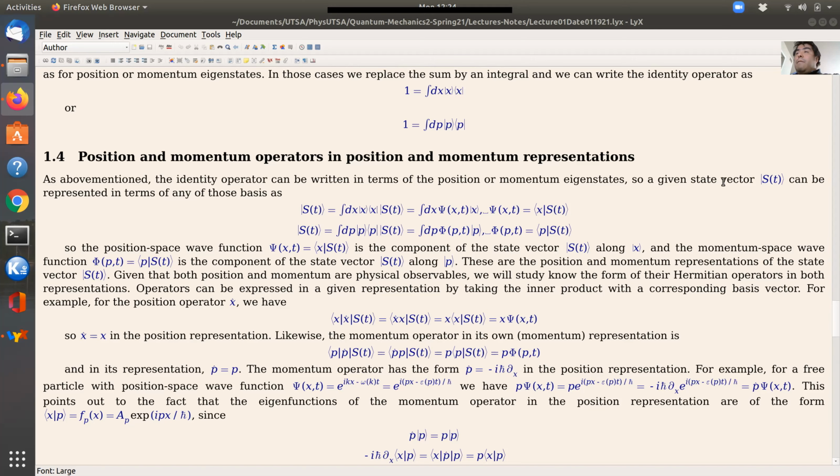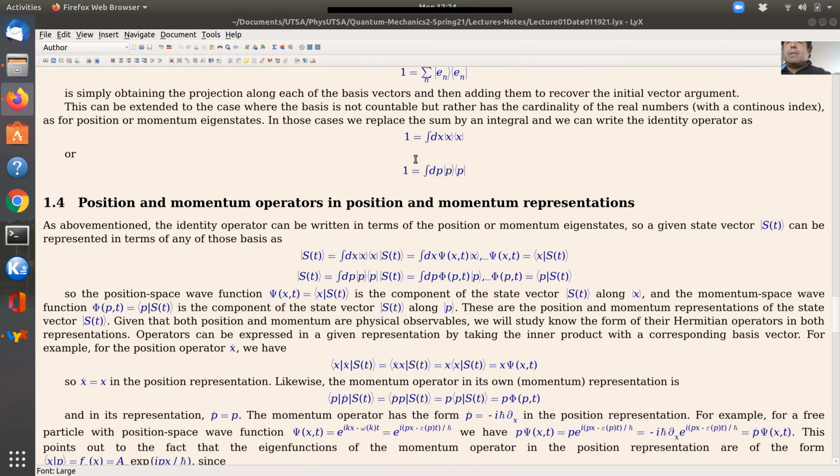So let's say that you are given a state vector as of time t, where t is time, and it can be represented in any of these bases in the following way. Remember this part, right? You have the state vector, then this is just the identity, so it's going to be, again, the state vector. If you do that, you already have a name for the inner product of x with s, which is psi.